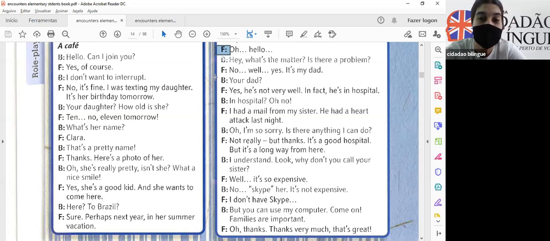Matter também pode ser encarado como problema. So, what's the matter? Qual é o problema? What's the matter with you? Is there a problem? Tipo, o que foi? Tem problema? Okay?